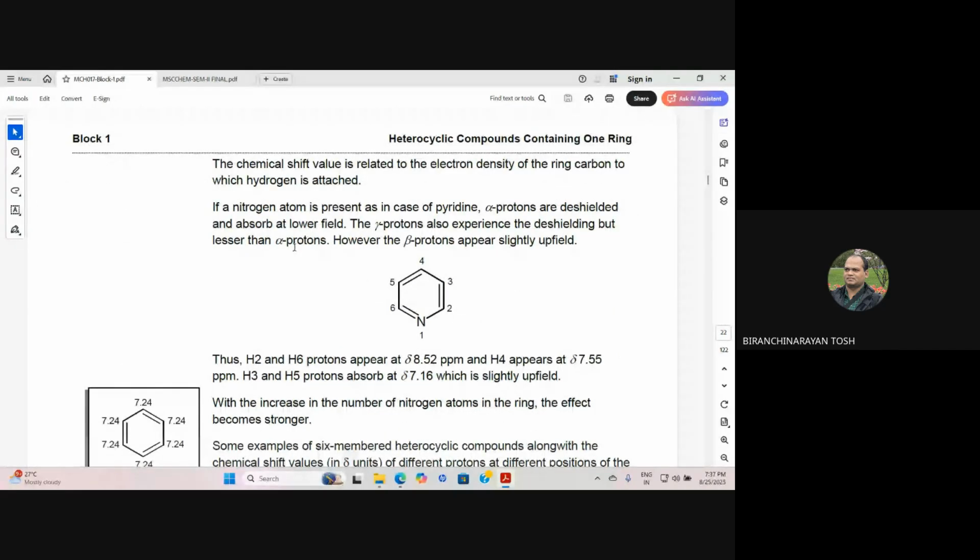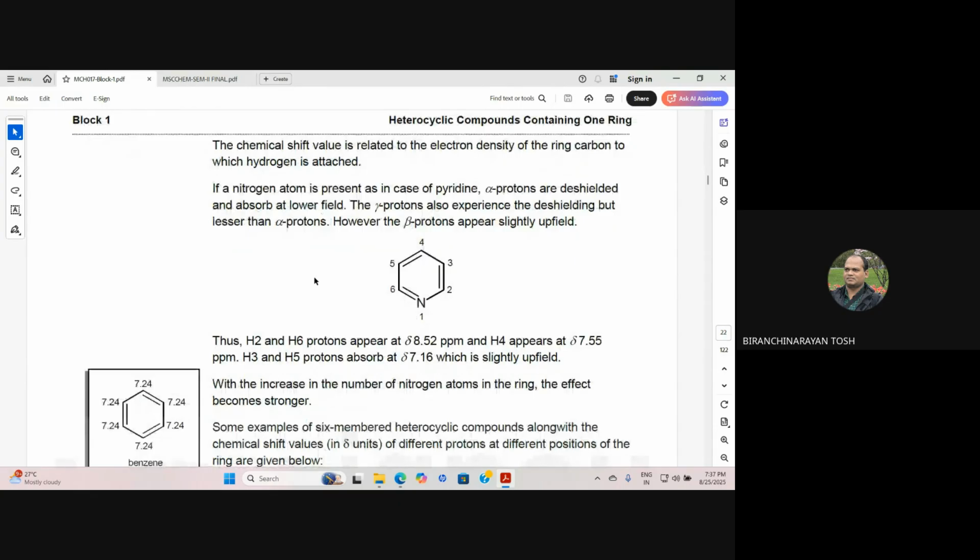The same thing happens here. The chemical shift value is related to the electron density of the ring carbon to which the hydrogen is attached. If a nitrogen atom is present, as in the case of pyridine, the alpha protons, that means 2 and 6, are deshielded because of the heteroatom.